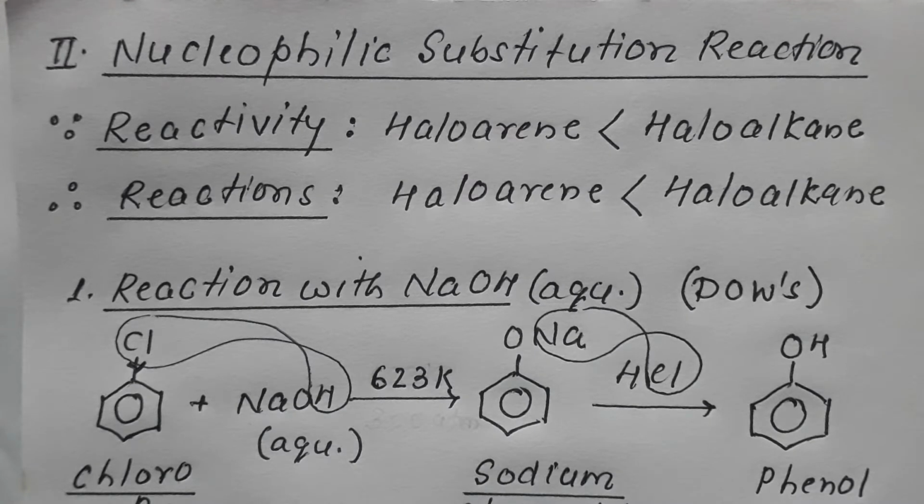First, the less reactive chlorobenzene converts into the comparatively more reactive sodium phenoxide, which is the reactive intermediate, which then reacts with HCl to convert into phenol. It is a two-step process, and this conversion of chlorobenzene into phenol by reaction with NaOH is termed the Dow process.